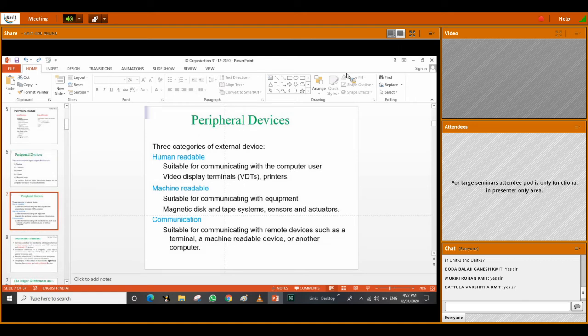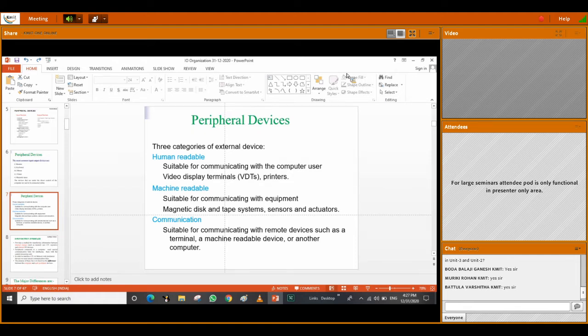Okay, and peripheral devices have three categories of external devices: human readable, machine readable, and communication. Human readable is for communicating with the computer user, such as video display terminals, which we can call monitors, and printers.